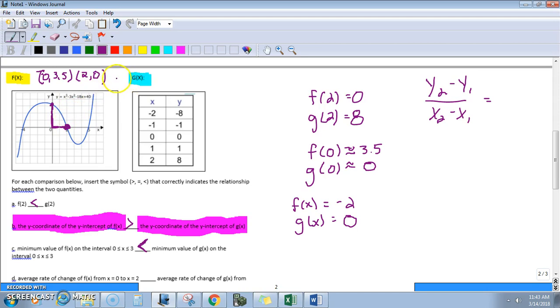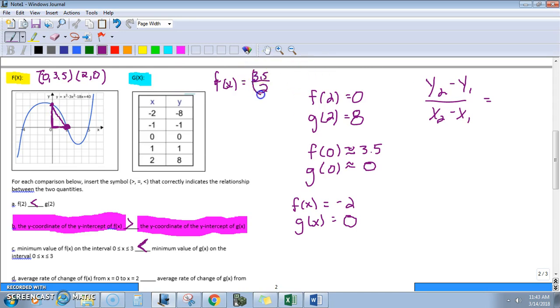In this case, because it's on the graph, we could just count that. So our rise is, we're going up 3.5. So for f of x, our slope is going to be 3.5 over 2. But there's one thing, you guys, this is going to be a negative slope, so let's not forget that this answer is going to be negative.